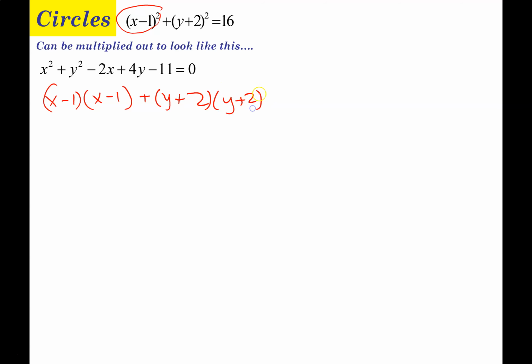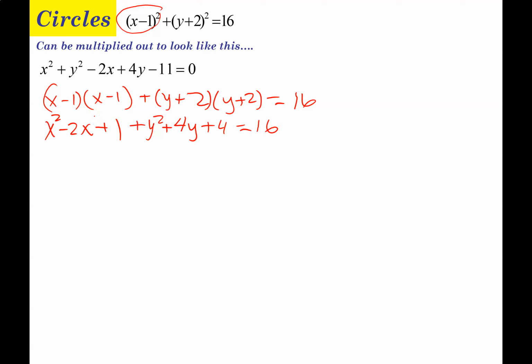And then we just multiply everything out. We're going to move the 16 over. Not yet, but at the end. Okay, so it should be a plus 1 there. And then here we'll have y squared plus 4y plus 4 equals 16.